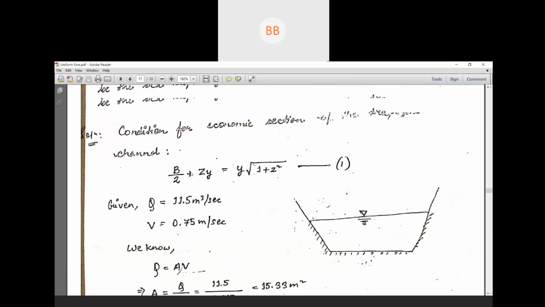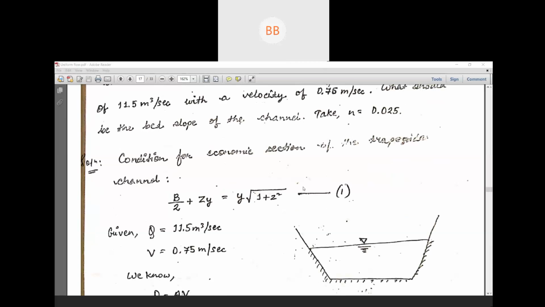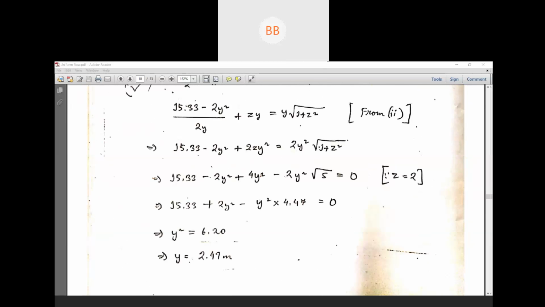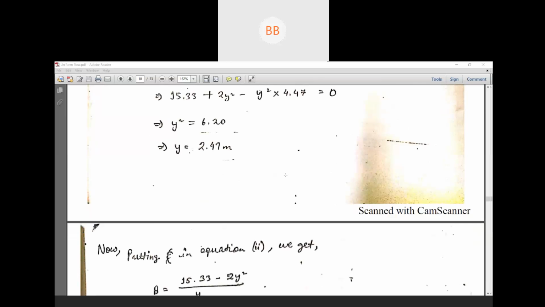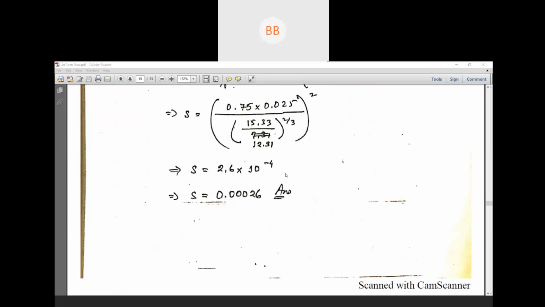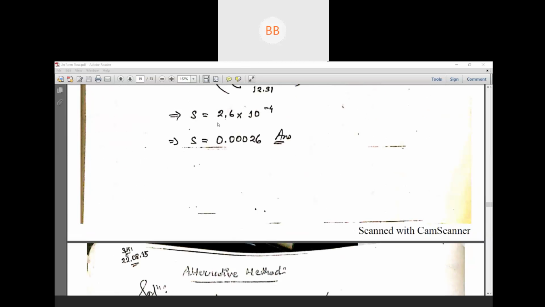So try to solve this numerical on your own. You can write for bed slope 2.6 into 10 to the power minus 4.